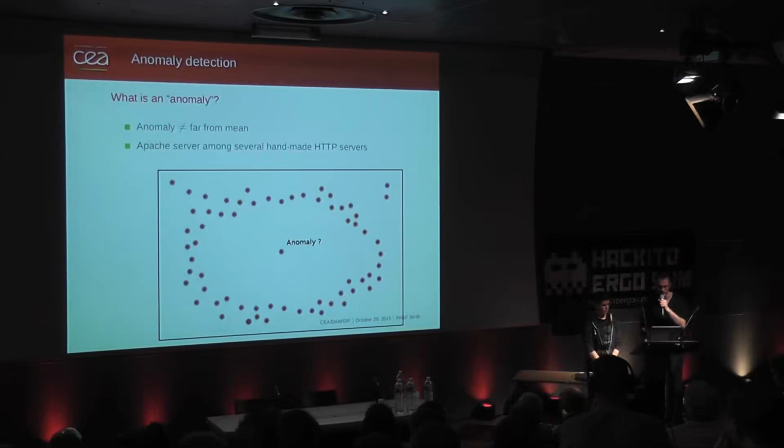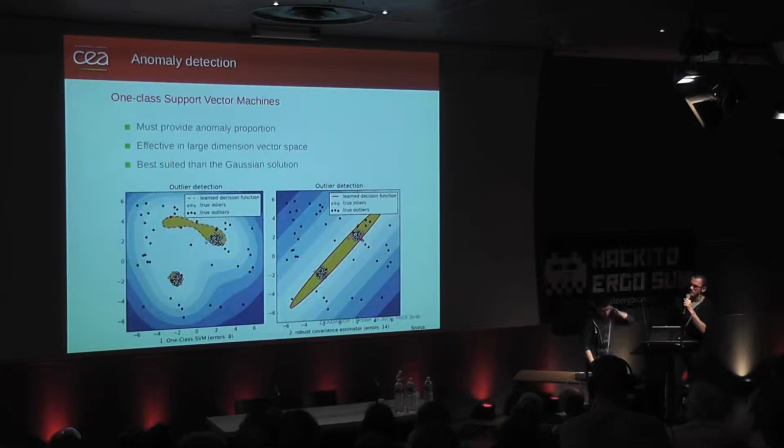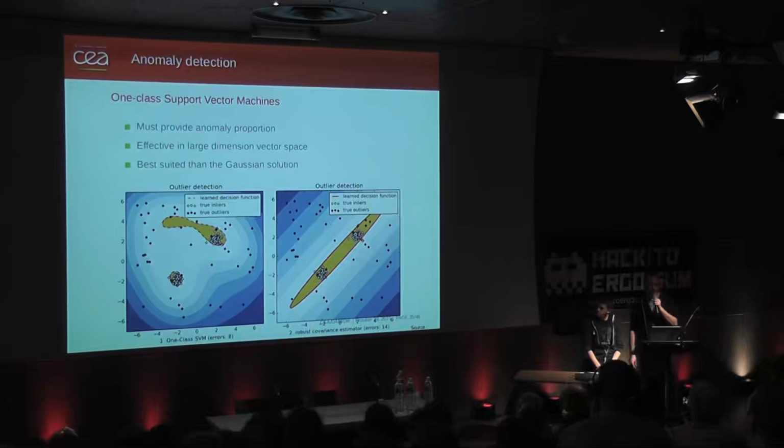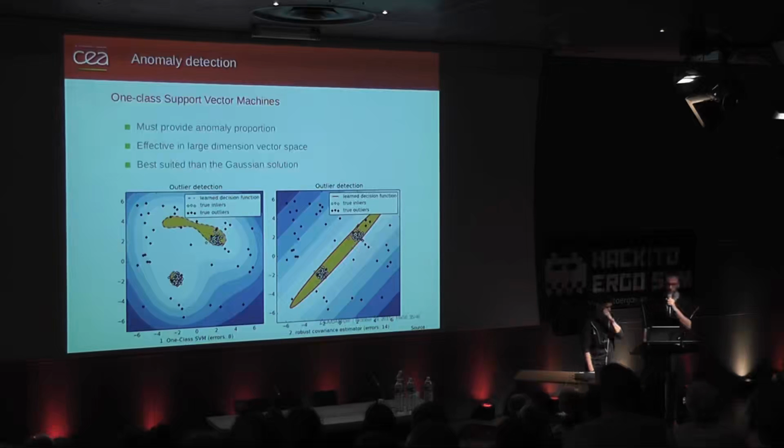No, it's not that simple. There are basically 2 kinds of approaches. One where you consider that your data are Gaussian distributed, but we cannot make this assumption. And the other one is the one-class support vector machine, at least that is the one we chose to use in this work. We have to provide the anomaly proportion for that to work. This is effective in large dimension vector spaces.